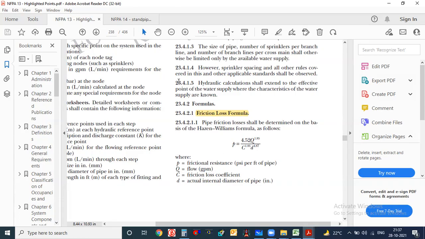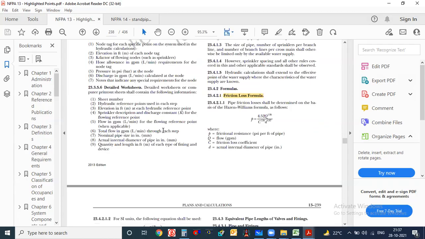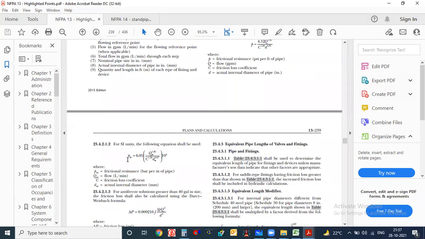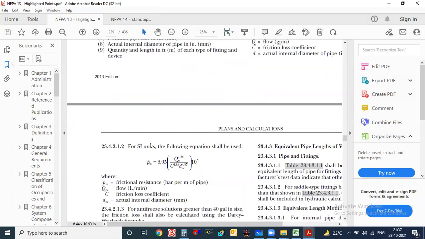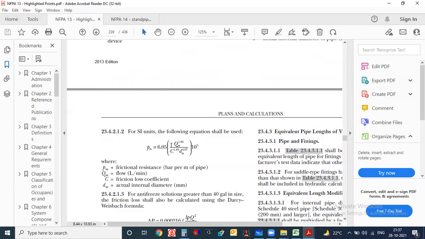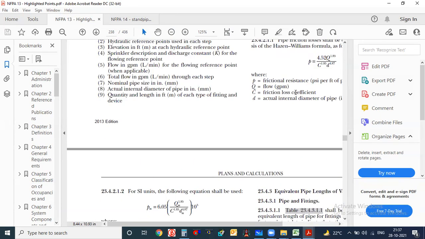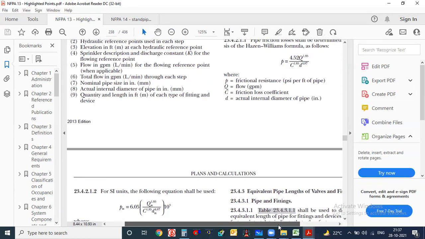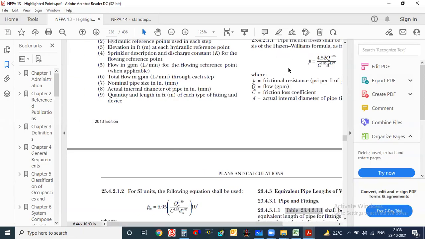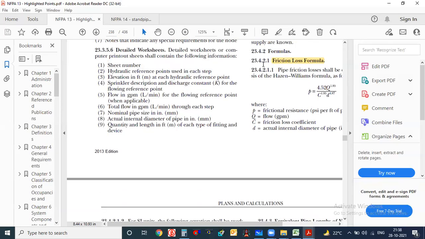We will see this in our hydraulic calculation class. And one more formula they have given, which is close to what we follow in plumbing, but here we are going to follow this formula in GPM and pipe sizes in inches. So just remember this formula, because in our hydraulic calculation we are going to follow it.